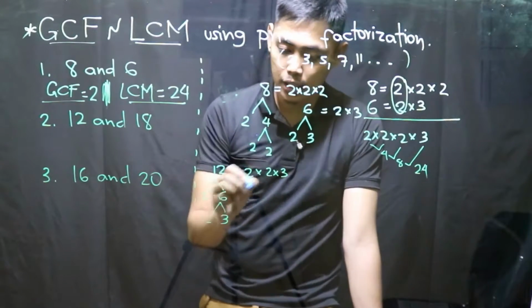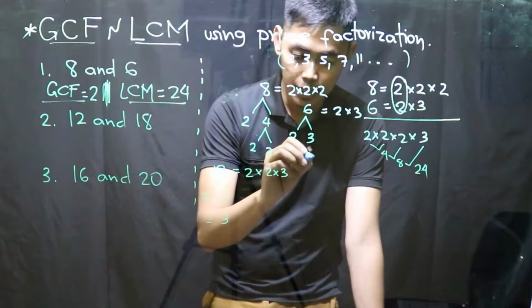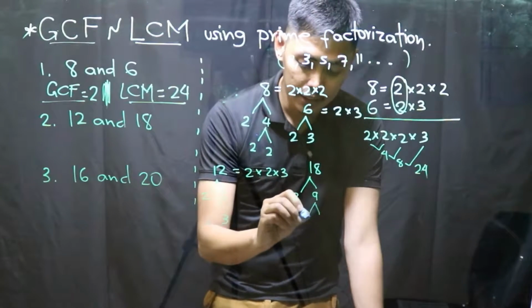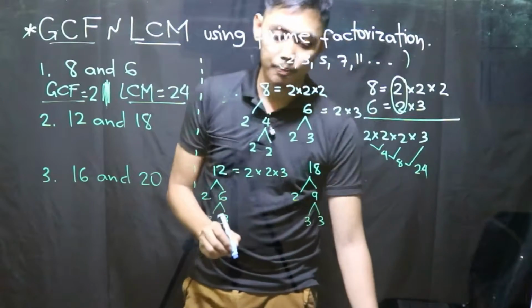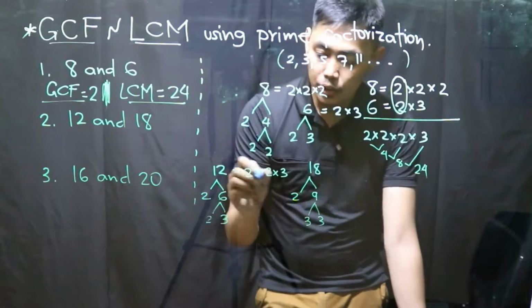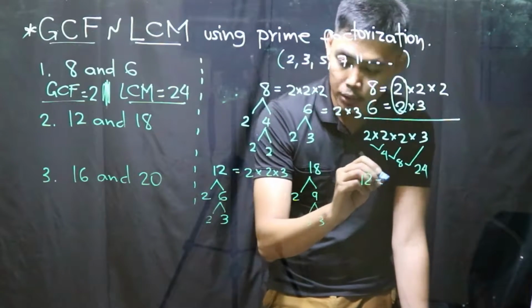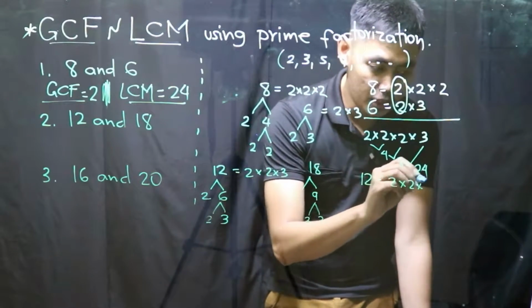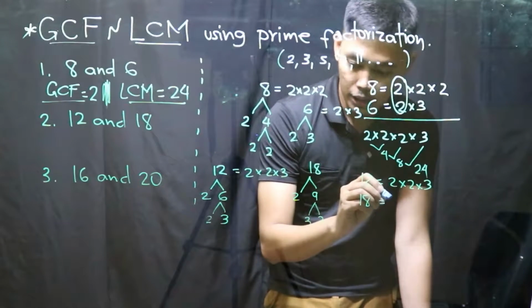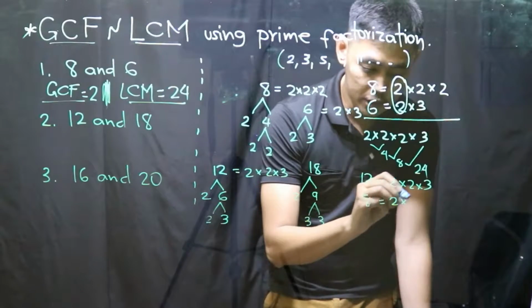How about 18? 18 is 2 times 9 and then 3 times 3. So let's go ahead and solve. So 12 is equal to 2 times 2 times 3 and 18 is equal to 2 times 3 times 3.